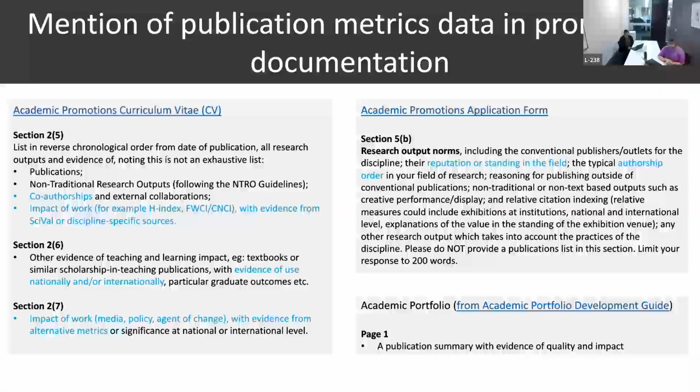The candidate must demonstrate their achievements and the impact of their work through appropriate evidence since their last promotion or appointment. So in these sections, you would need to include publications metrics such as citation information, field-weighted citation impact, H-index, publications according to journal quality, such as quartile, including those quartile 1 publications.